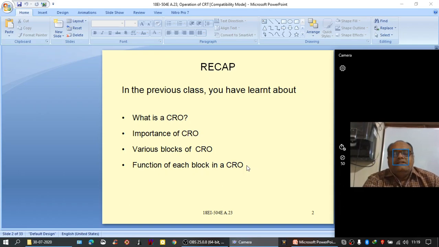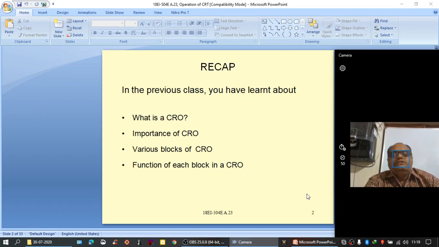Then the trigger circuit. Output of the trigger circuit is given to a time base generator or sweep generator. Output of the sweep generator is given to a horizontal amplifier.